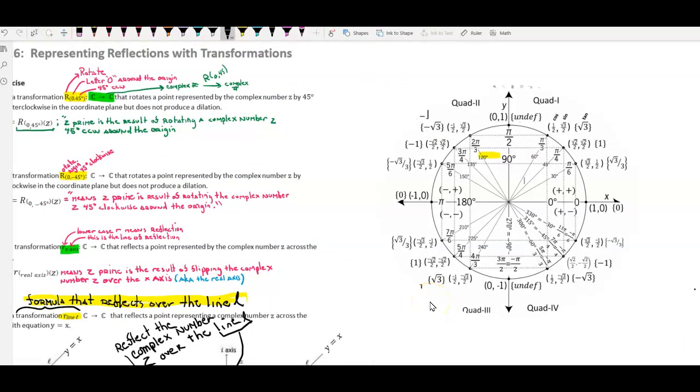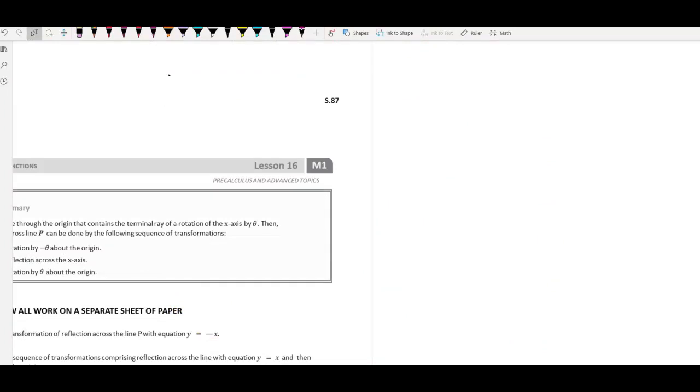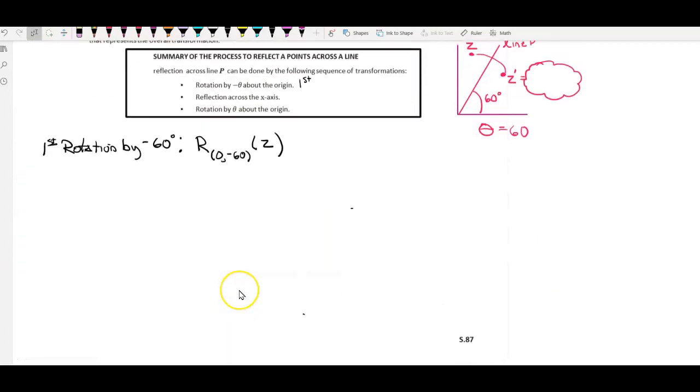Here's negative 60 degrees. So I'm using these coordinates to write my complex number: 1/2 and negative √3/2. So this is going to become 1/2 minus √3/2 i times Z. Z is the original complex number. It's not the origin.